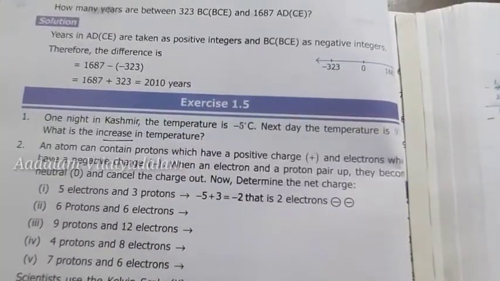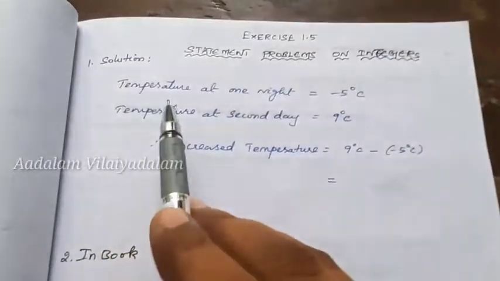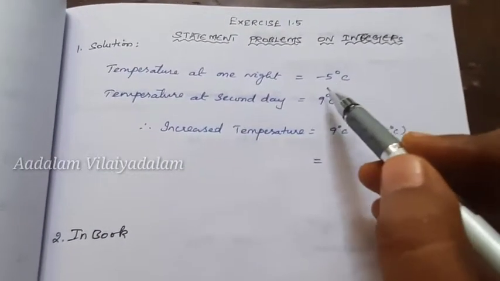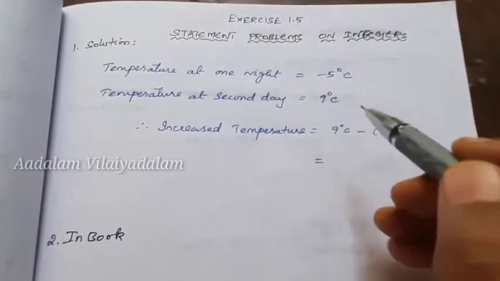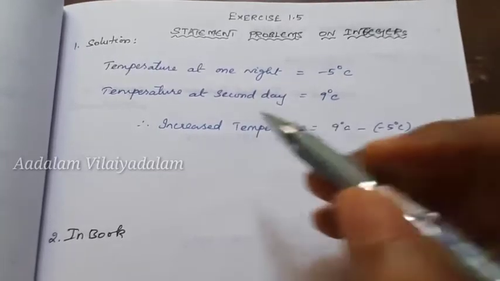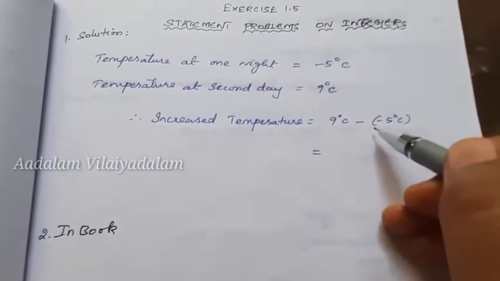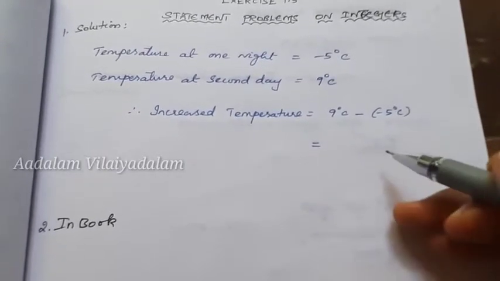Now let's move to the solution. Here temperature at one night is minus 5 degrees Celsius. The temperature at second day is 9 degrees Celsius. Therefore increased temperature is equal to 9 degrees Celsius minus, minus 5 degrees Celsius.